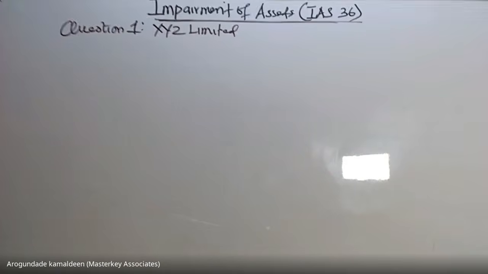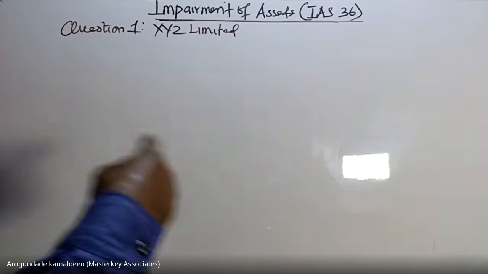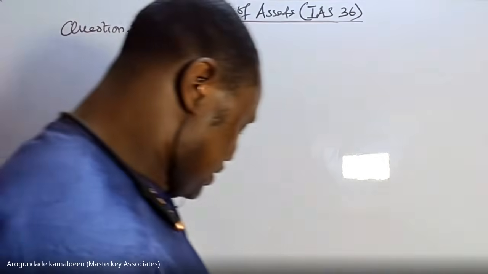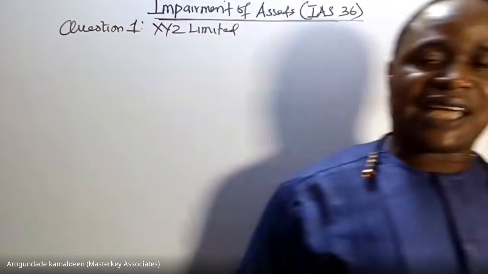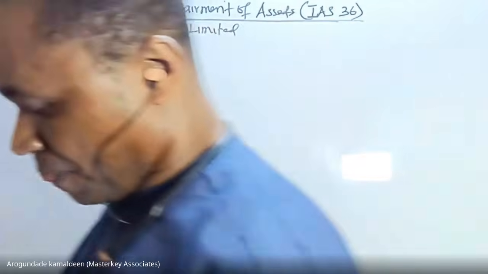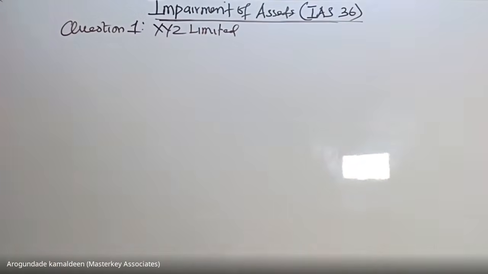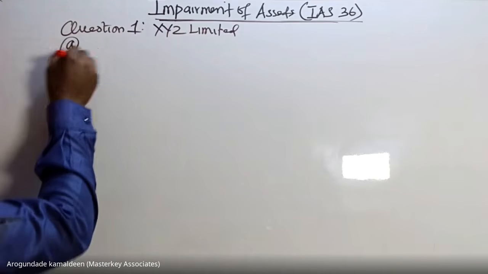The present value of the future cash flow from continuing use of the plant is 300,000. Alternatively, look at it now. The plant could be sold for a net price of 295,000. So, A, what is the recoverable value?